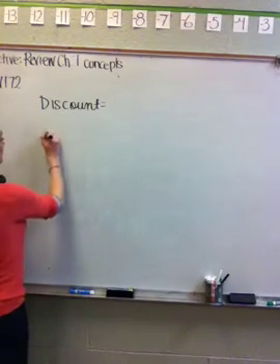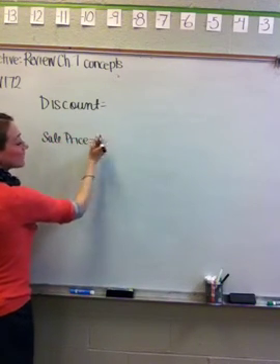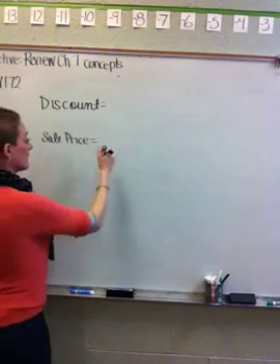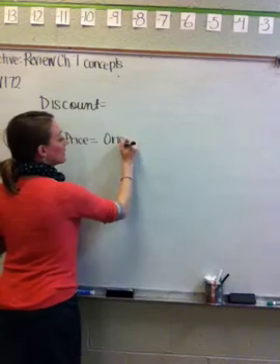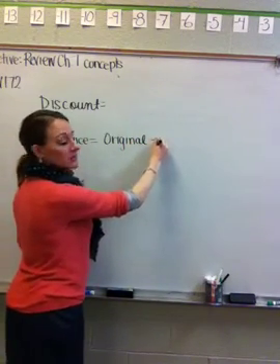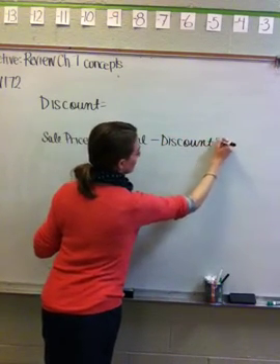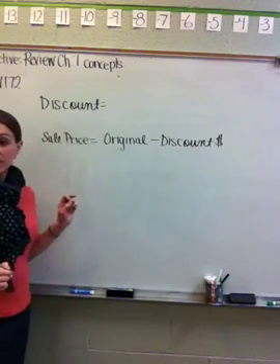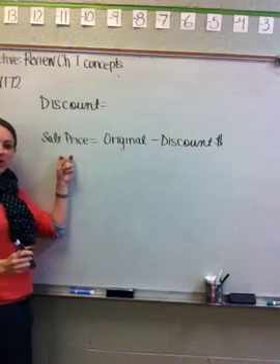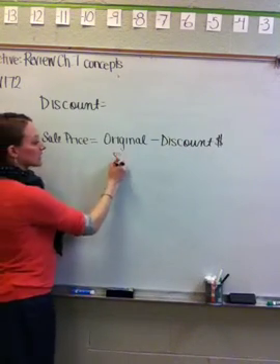So my sale price equals my original amount minus my discount amount. All right, are we okay with that? We don't know the sale price, that's what we're looking for, correct? What's my original amount? $30.